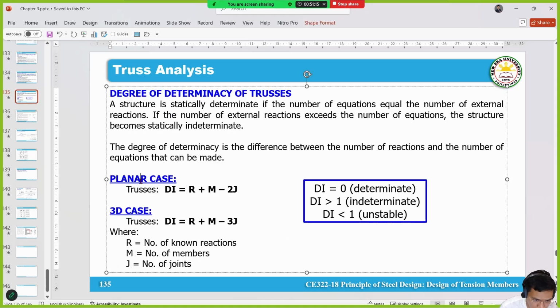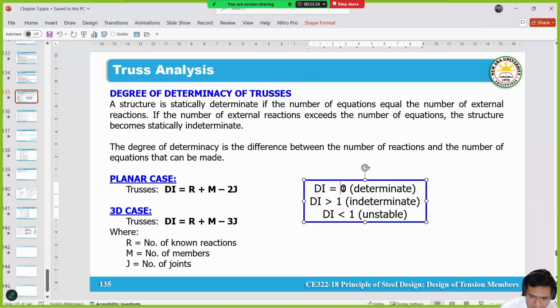Kapag planar case or 2D yung truss mo, ito yung formula na gagamitin mo: reaction plus member minus twice nung joint. Kapag yung value mo is 0, ibig sabihin determinate yung structure mo, stable siya.